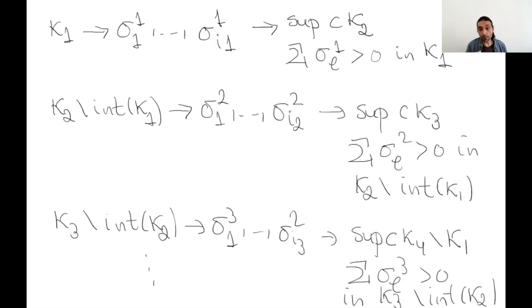But we have more, as this family of functions is locally finite, because from the third set on, the supports are disjoint from K1. From the fourth set on, all the supports are disjoint from K2. From the fifth set on, all the supports are disjoint from K3.